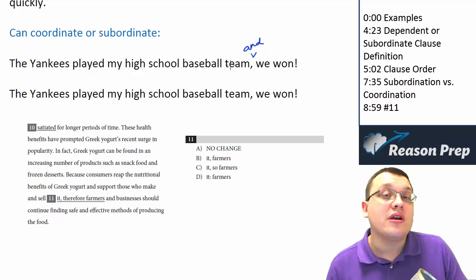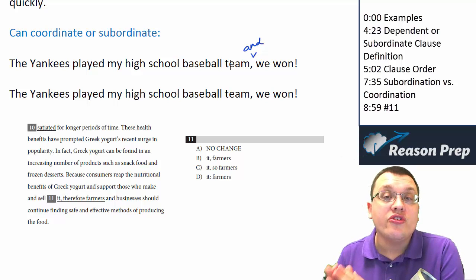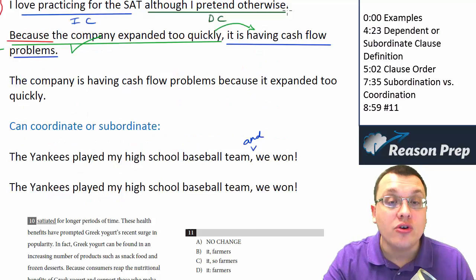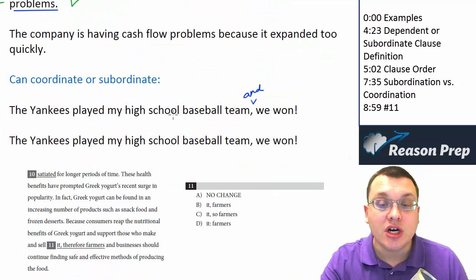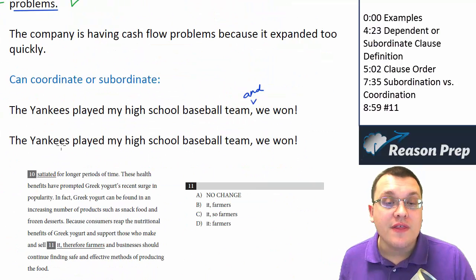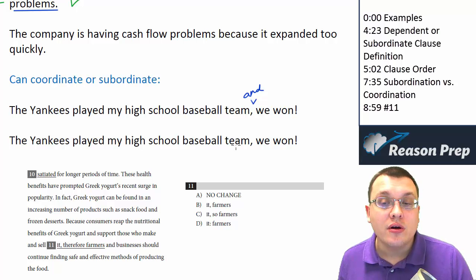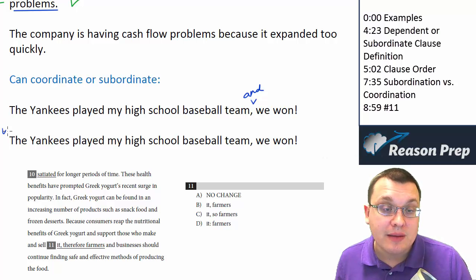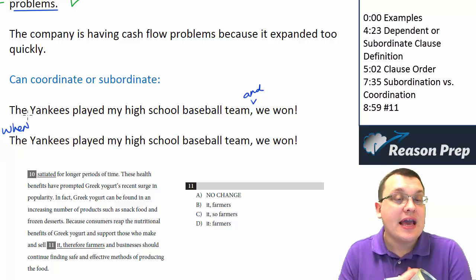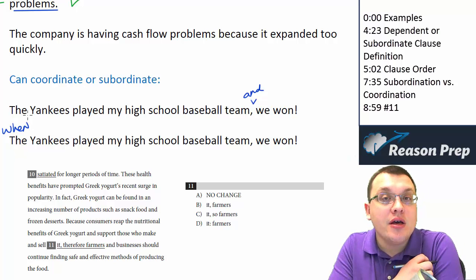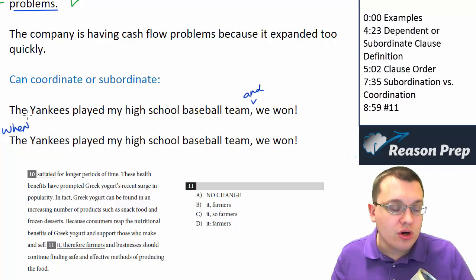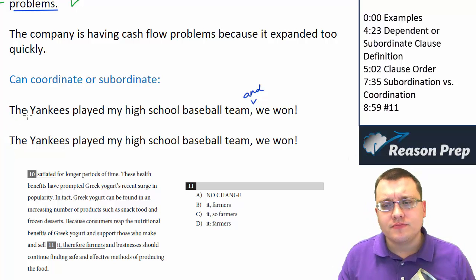But you could also subordinate. You can make one sentence subordinate to the other by using one of these subordinating conjunctions. So how could we do that here? The Yankees played my high school baseball team. We won. We could, for example, add when. When the Yankees played my high school baseball team, we won. Are there other things we could do?